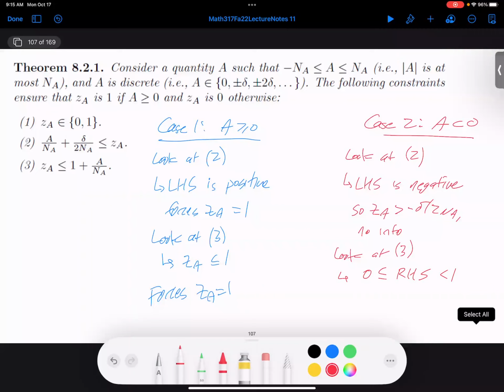Z of A is less than or equal to the right-hand side, and since the right-hand side is strictly less than 1, that yields Z of A equals 0. So these conditions force Z of A to be 1 if A is non-negative, and force Z of A to be 0 if A is less than 0.